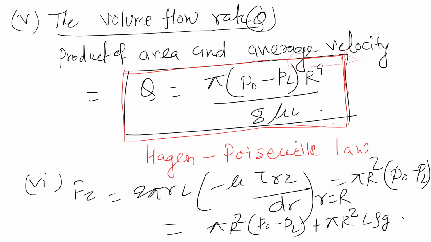When you substitute the P0 and PL values through the original pressures acting on one end and the other, you obtain pi R squared times P0 minus PL plus pi R squared L rho g. This is the force applied by the liquid in the process of flow.